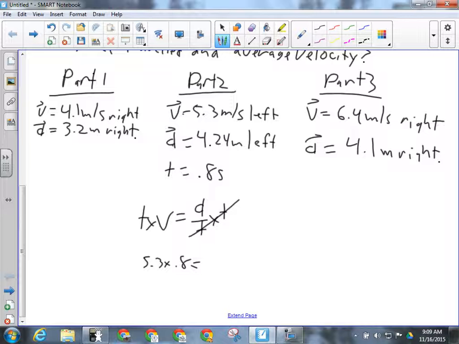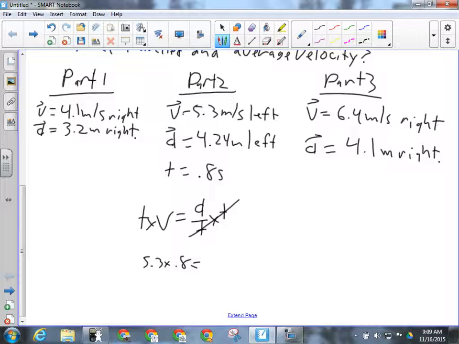All right, so now can I calculate the total distance traveled? All right, what do I do? Right, I add up all the d's, not caring whether they are left or right, because distance is scalar.